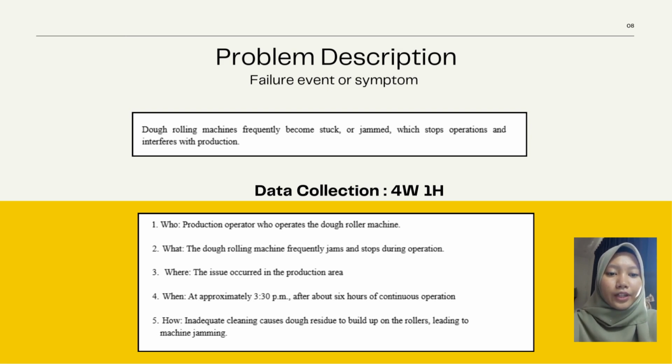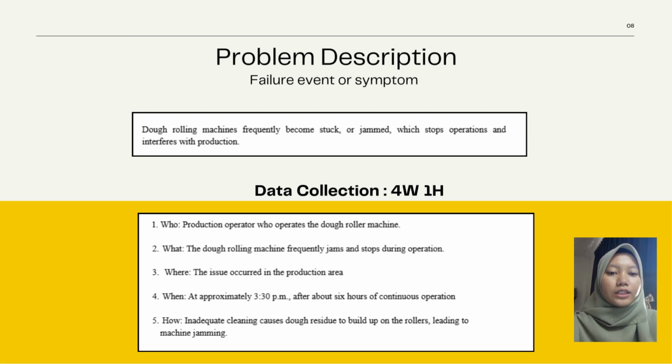Number 3 is where: the issue occurs in the production area, which is where the problem happened. Number 4, when: at approximately 3:30 p.m., after about 6 hours of continuous operation. So it's about time.